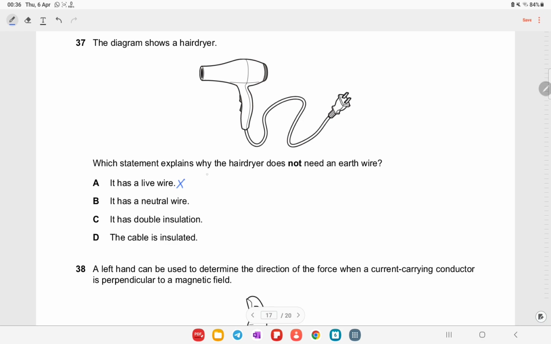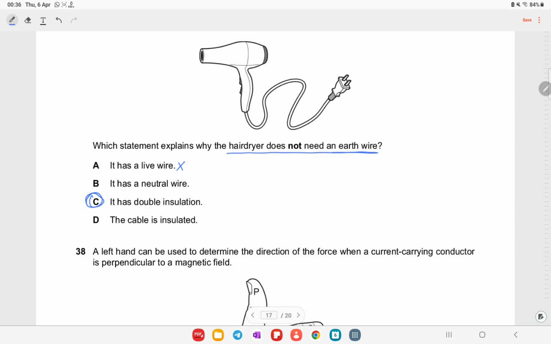The question is saying why the dryer does not need an earth wire, because it has double insulation. That is basically it's made up of plastic. So plastics cannot conduct electricity. God forbid if you get a short circuit, you won't get an electric shock because this is made up of plastic. So it has double insulation.